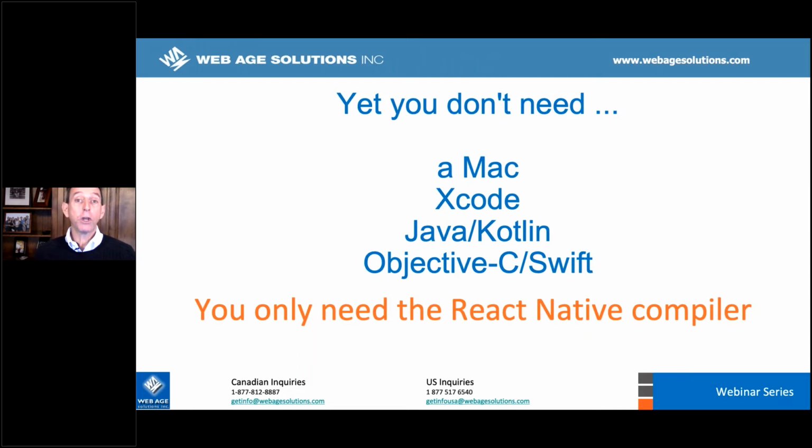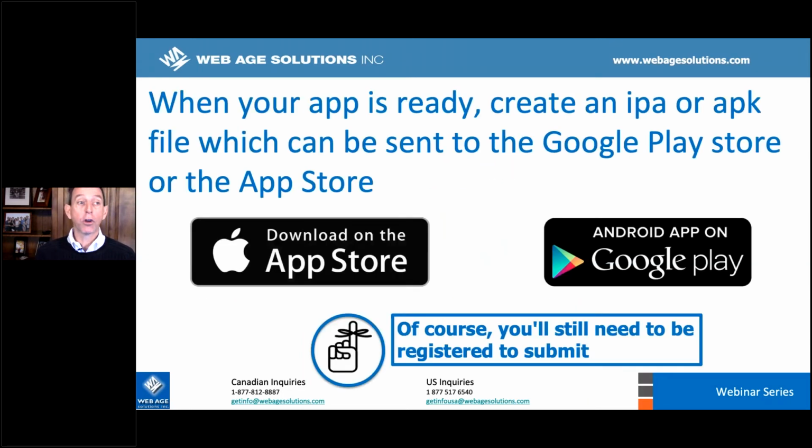Okay? So when you write this, at some point you're going to want to compile. And when you compile, what comes out of the compilation is an IPA file or an APK file that can then be submitted directly to the Google Play Store or the Apple App Store. Now, we're not saying here that it's anything magic or anything extra. You still have to go through the typical process.